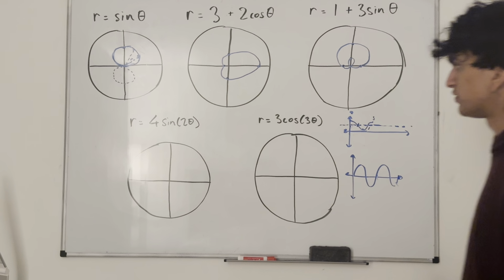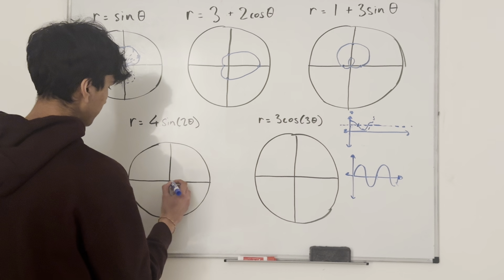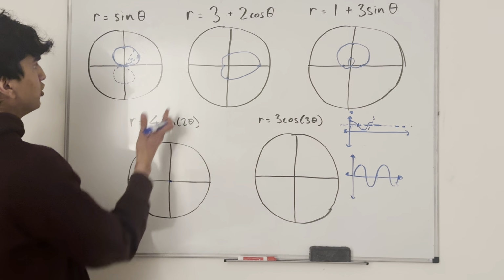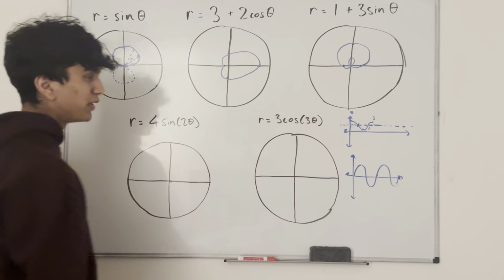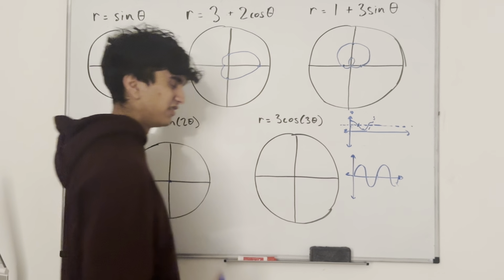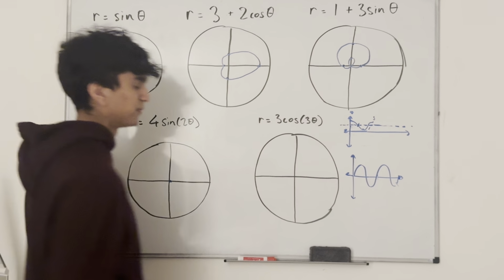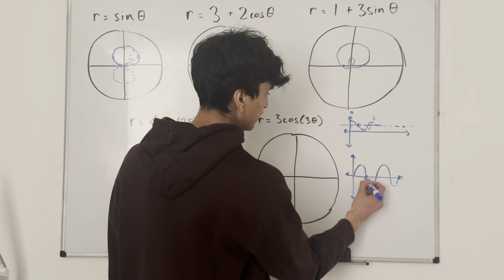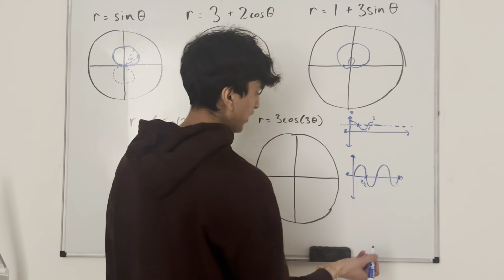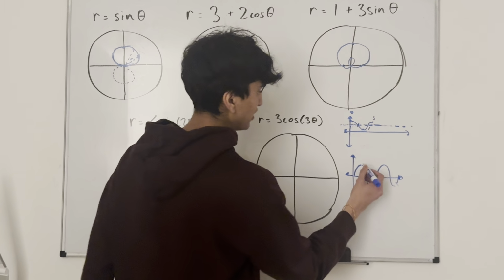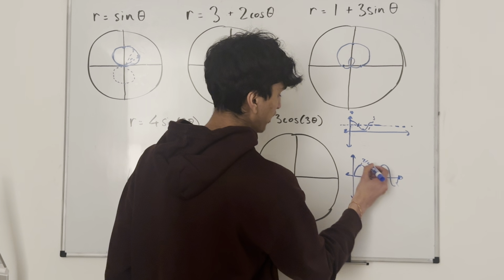So I'll do the same thing. I start at 0, but now my maximum used to be at pi over 2. But because of this, I forget the terminology, it's like a phase shrink or something, now pi over 2 represents when it's 0, because the whole thing is shrunk in half. This is pi over 4, and you can solve for that.